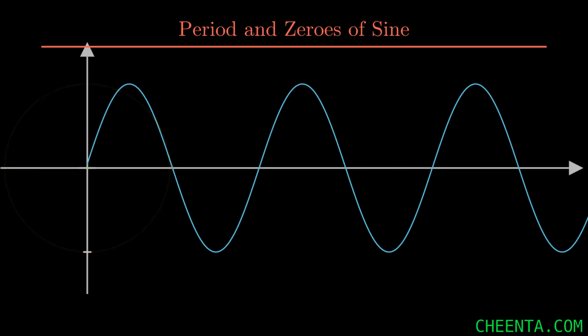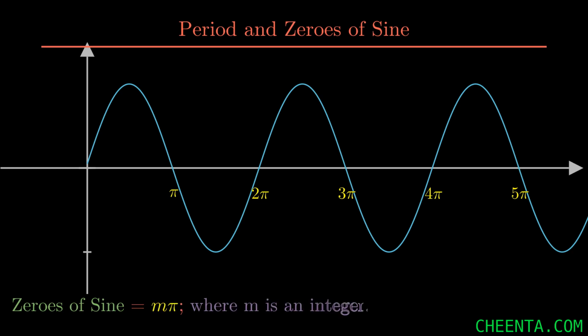And as the complete oscillation is obtained when the red dot completes the circle, we can say that the period of the sine function is 2 pi. So we can write it more formally in mathematical terms: the zeros of the sine function are at m pi, where m is an integer, and the period of the sine function is the integer multiple of 2m pi, and for our use I will consider m as 1.